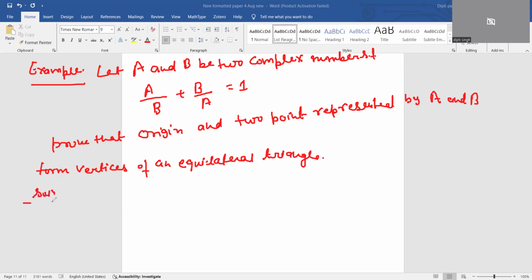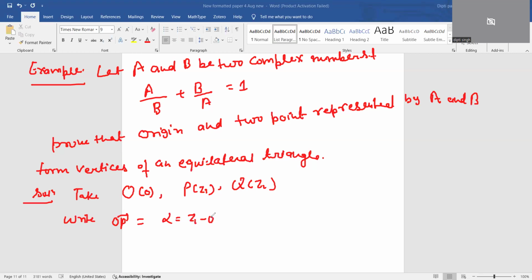Solution. This is origin, this is first point, its position is P of Z1, second point is Q of Z2. So let us write OP will be alpha. This is Z1 minus 0.